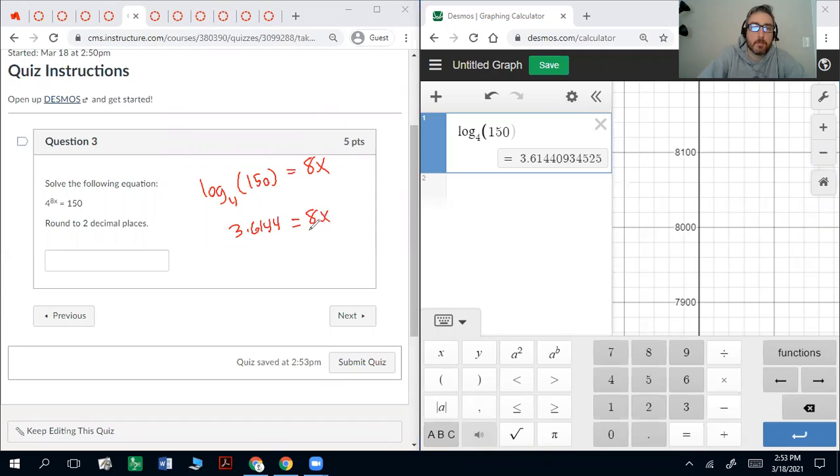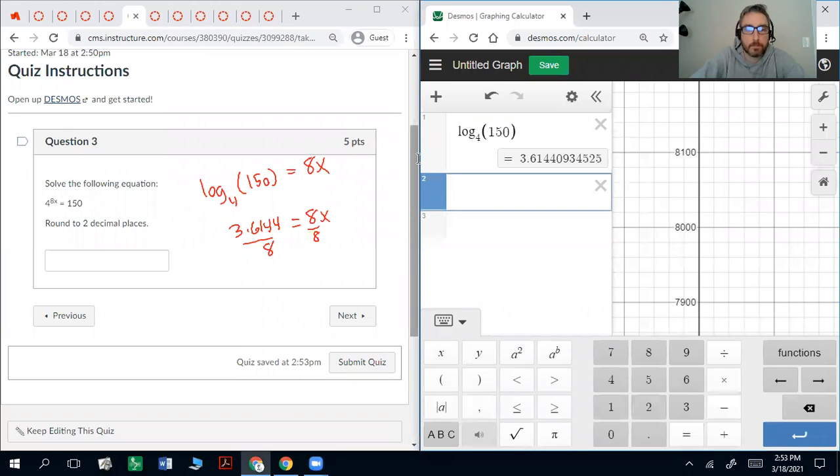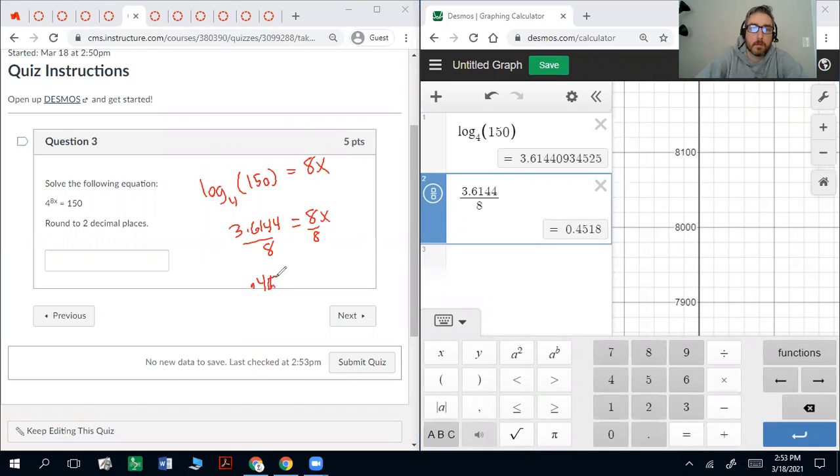And then divide by 8. So 0.4518. It says 2 decimal places, so 0.45 is good.